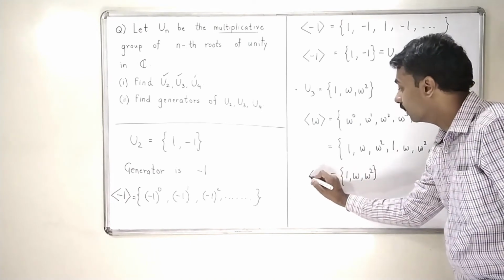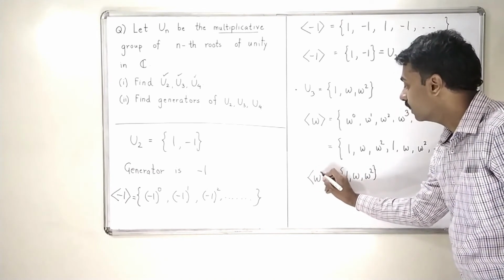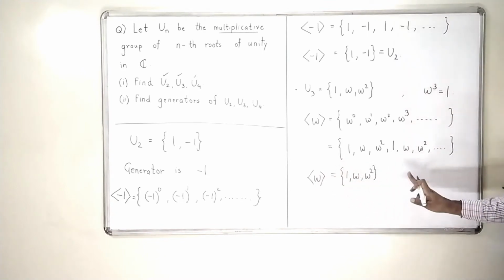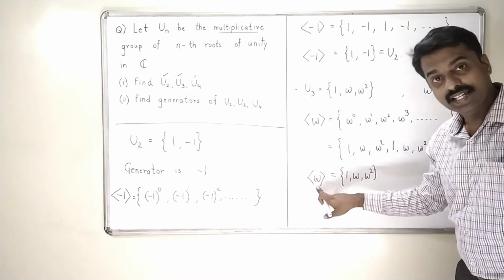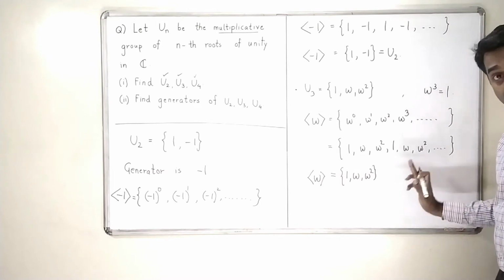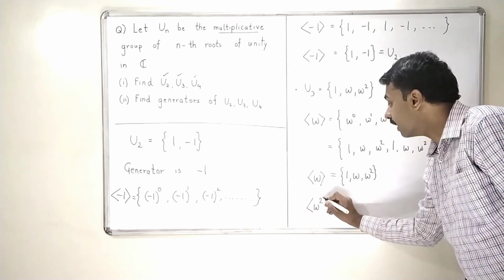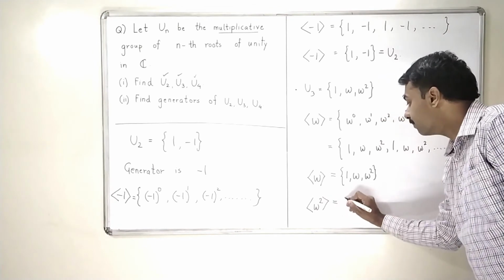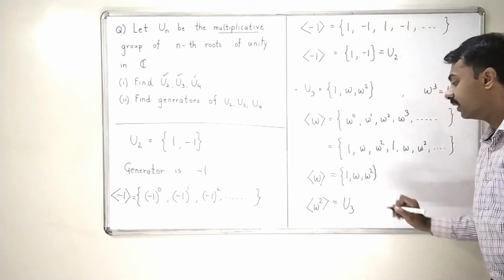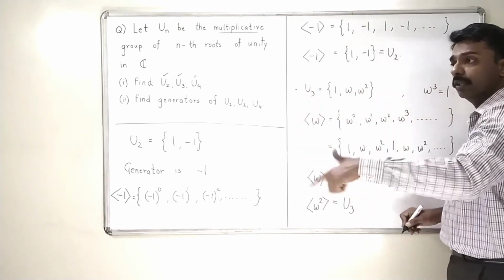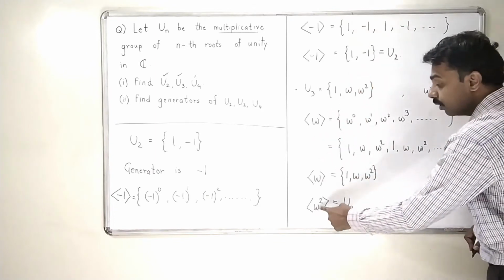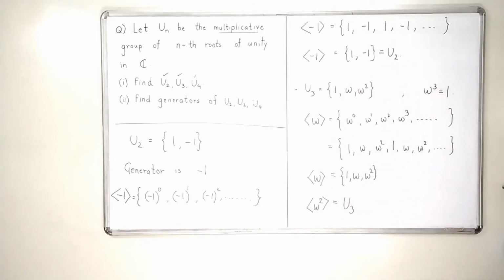So this means that this set U3 is generated by omega. So omega is the generator. I leave it as an exercise to you that even omega square will generate the entire U3. Same thing, omega square 0, omega square 1, you will get that omega square is also the generator of this group U3.